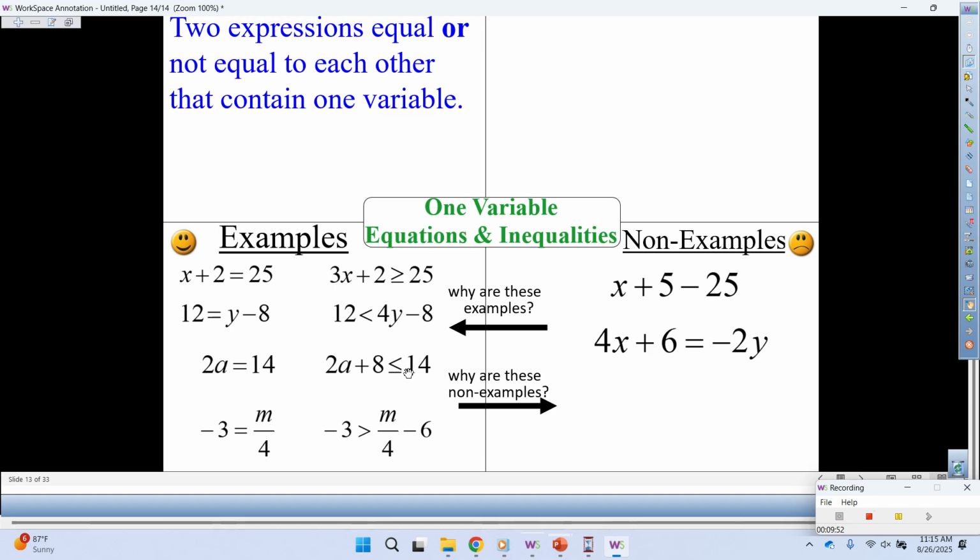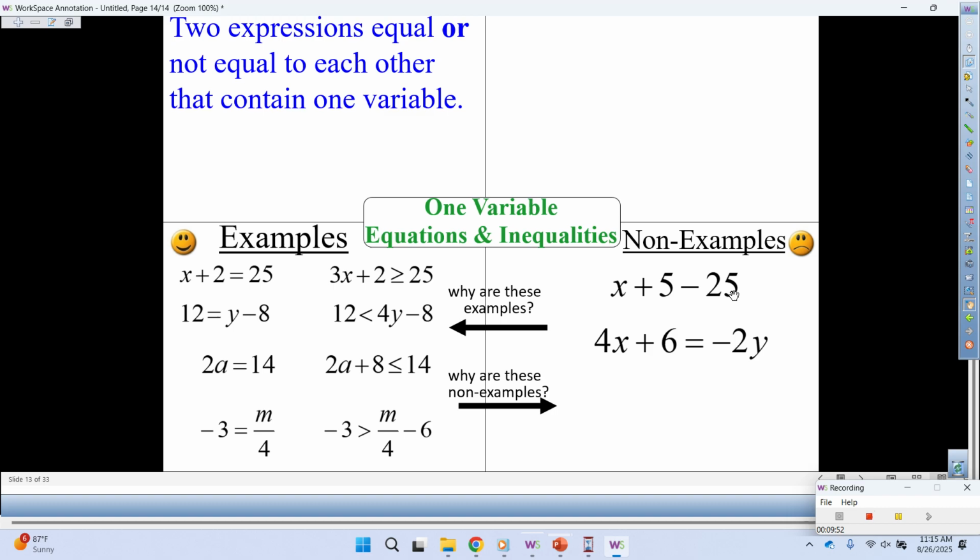Inequality, 2x plus 8 less than or equal to 14. Another equation, -3 equals m over 4. Inequality, -3 greater than m over 4 minus 6. All right, these are all examples of what? One variable equations and inequalities.